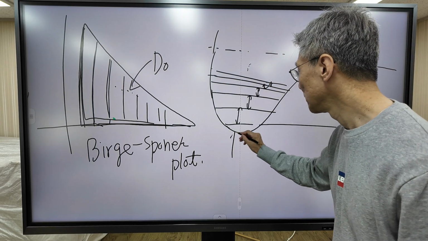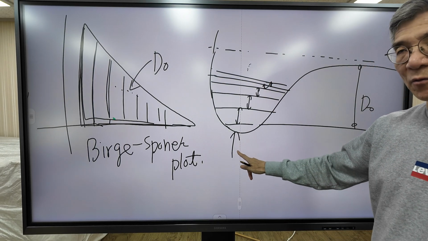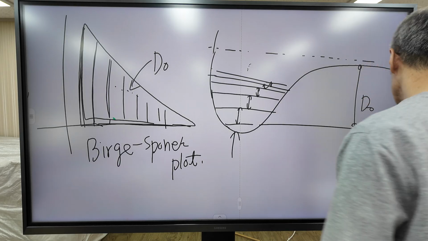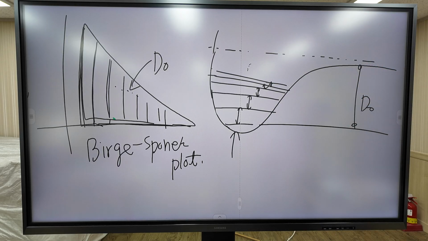Especially, the mathematical form of this anharmonic potential usually uses the Morse potential.